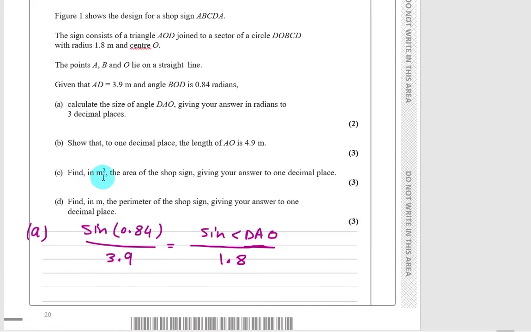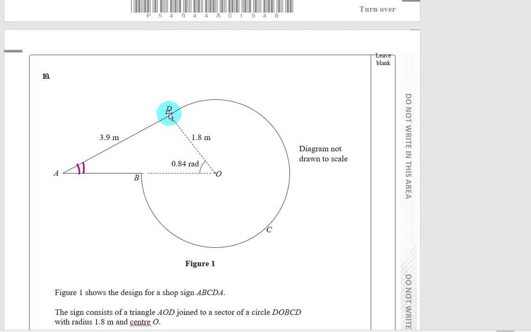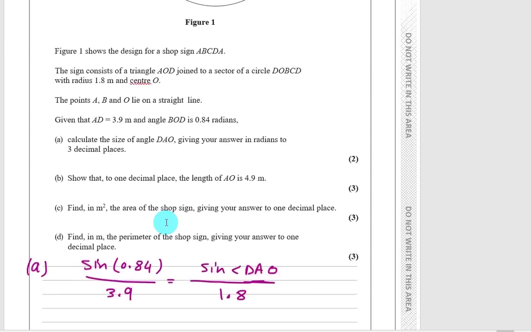Now find in meter square the area of the shop sign, giving your answer to 1 decimal place. So the area will equal the area of the triangle plus the area of the sector. Let us find the area of the triangle.